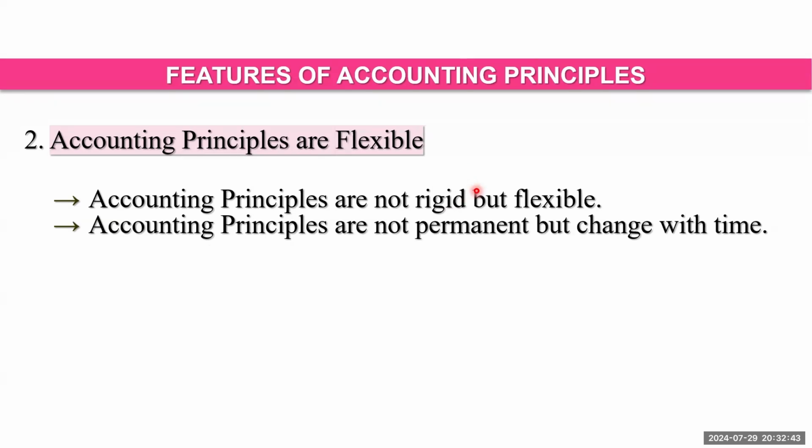So he will follow the straight line method. There may be some other accountant who considers that written down value is the better method for his enterprise. So he will follow the written down value method. So we can say that these principles are not rigid. You can adopt any of the alternative rules suggested in regard to a particular topic.